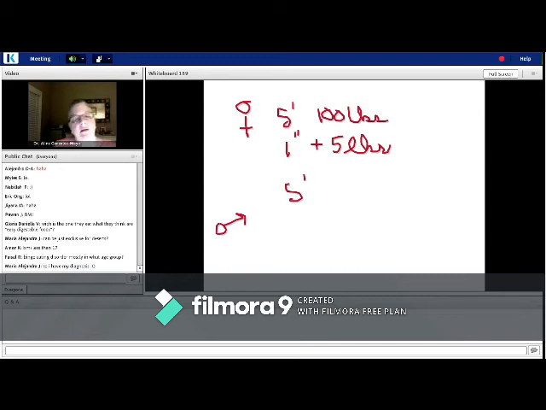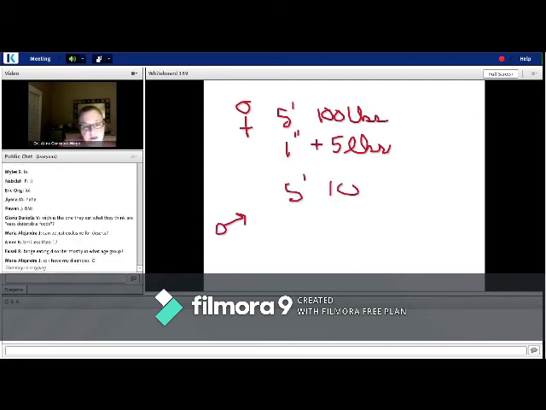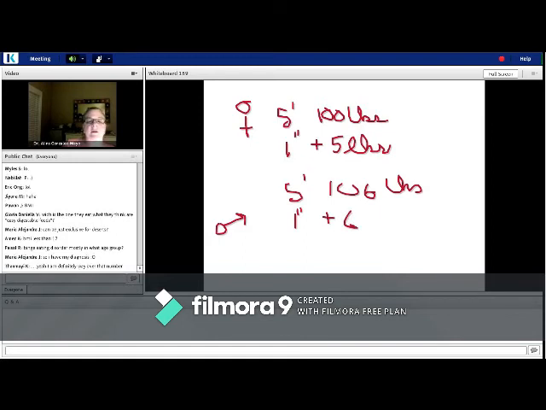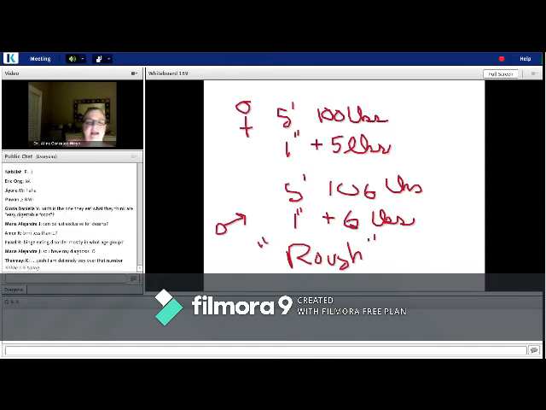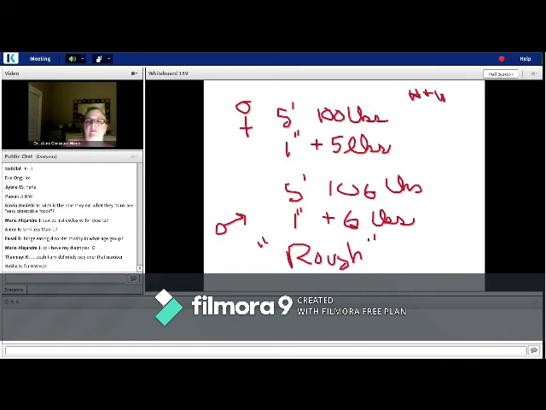If you're a male and you're 5 feet, you should weigh 106 pounds. Every inch over, you add 6 pounds, okay? So this is a rough estimate in case they give you height and weight.